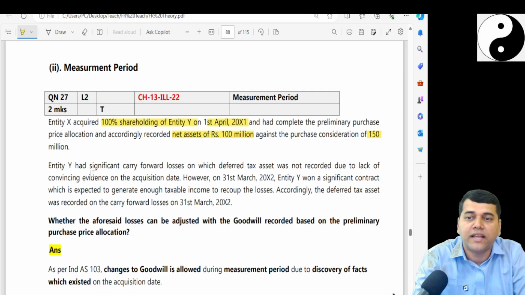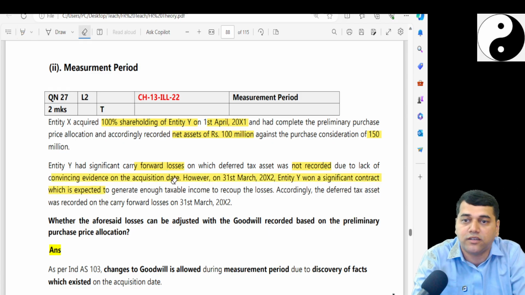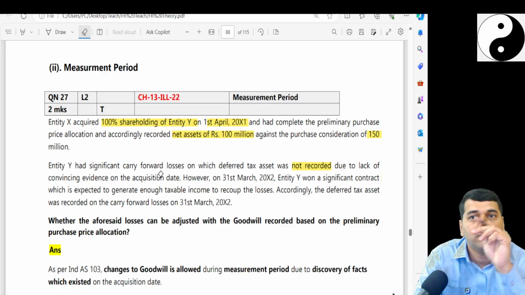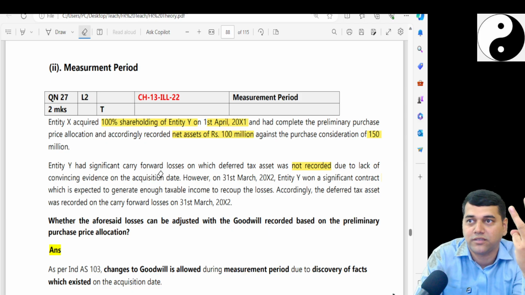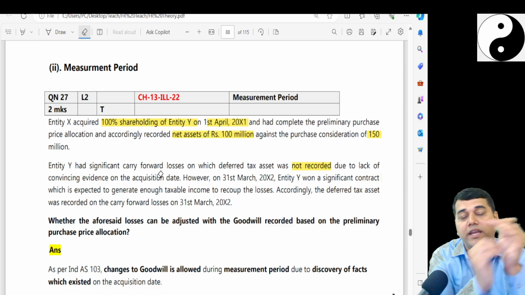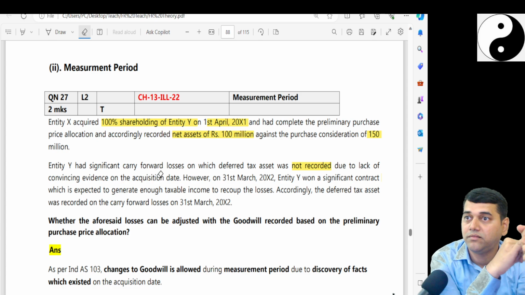Now entity Y has significant carry forward losses on which deferred tax asset was not recorded due to lack of convincing evidence on the acquisition date. When deferred tax asset comes, you need to test 3 conditions as per Ind AS 12. That means, okay, you have a carry forward loss, but are you going to get profits in the future?